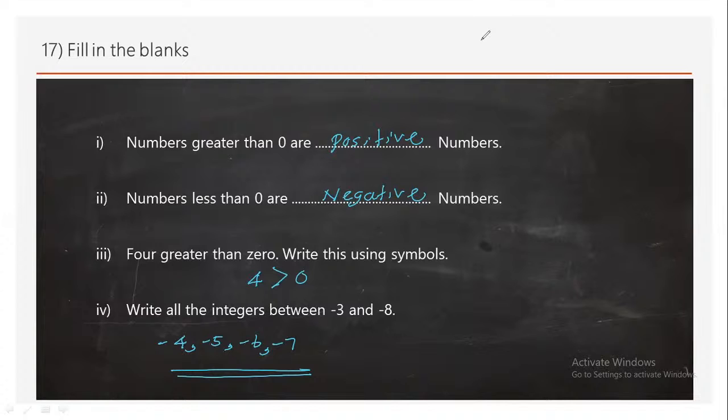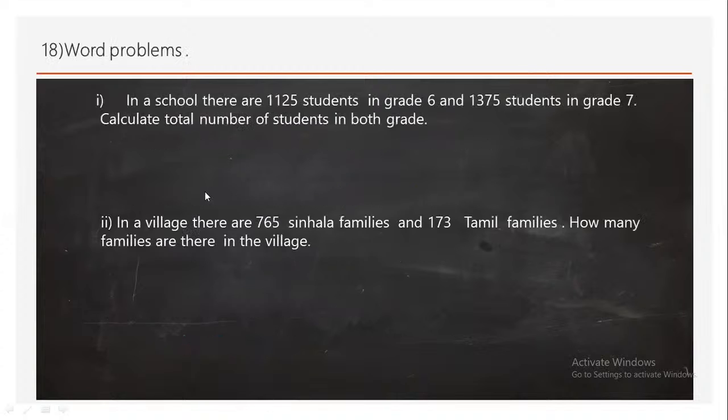Question number 18. In a school, there are 1,125 students in grade 6 and 1,375 students in grade 7. Calculate the total number of students in both grades.